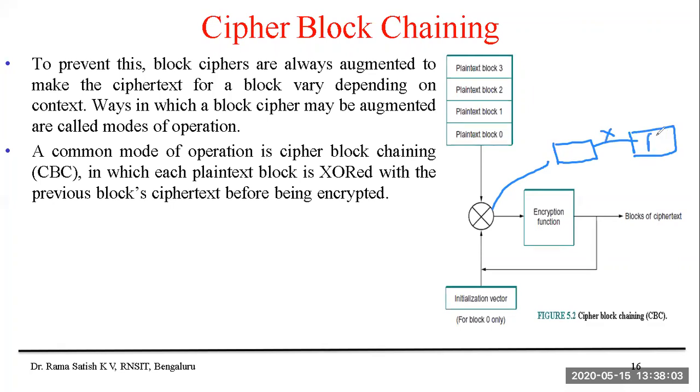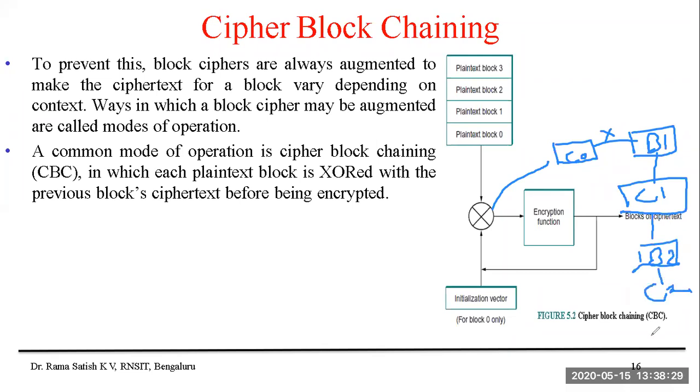So it is block 1, and it will give ciphertext 1. So this is C0. C0, ciphertext 0, is XORed with block 1, and you get C1, ciphertext 1. And this C1 is again XORed with block 2, B2, and you will get C2.